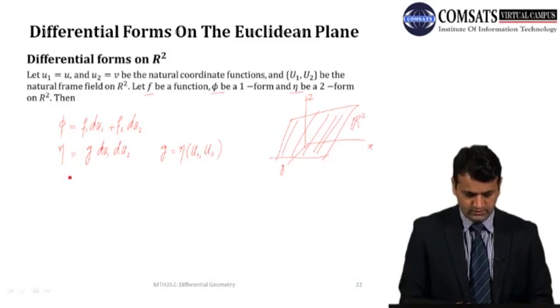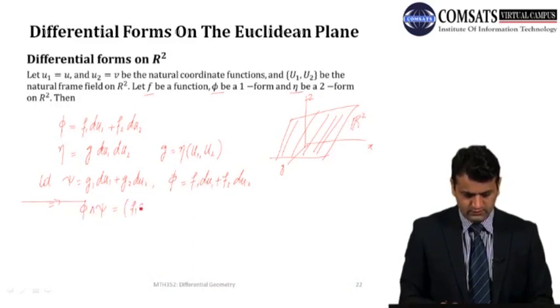Now similarly, let psi be equal to g1 du1 plus g2 du2, and phi be equal to f1 du1 plus f2 du2. Then this implies that phi wedge psi is equal to (f1 g2 minus f2 g1) du1 du2.